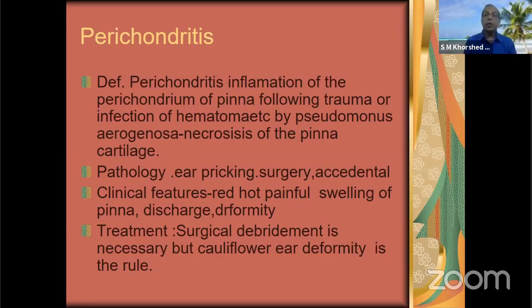The perichondrium is vascular. Inflammations of the cartilage are very rare, except in radiation inflammation, and here the infection affects the perichondrium. When the perichondrium gets infected, the cartilage is deprived of its nutrition, and there is necrosis of the pinna cartilage. When there is perichondritis, the pinna gets swollen, edematous, and severely painful.